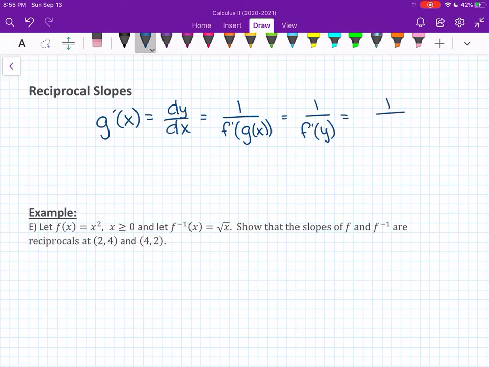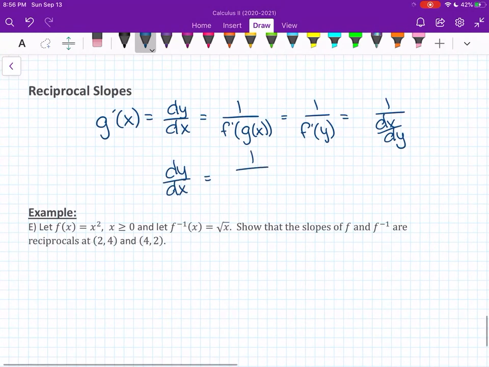And, well, what is that? That's the same thing as dx dy. And so that's kind of another thing you can think about, is that if I have dy dx, that's the same thing as 1 over dx dy. And so then the slopes of my inverses are going to be reciprocals of each other for the corresponding points.